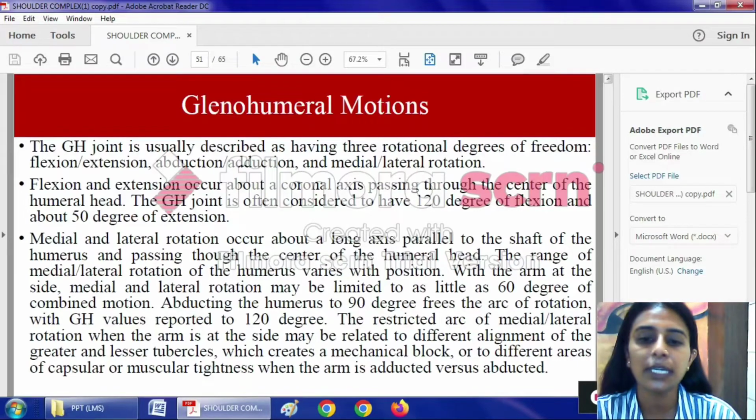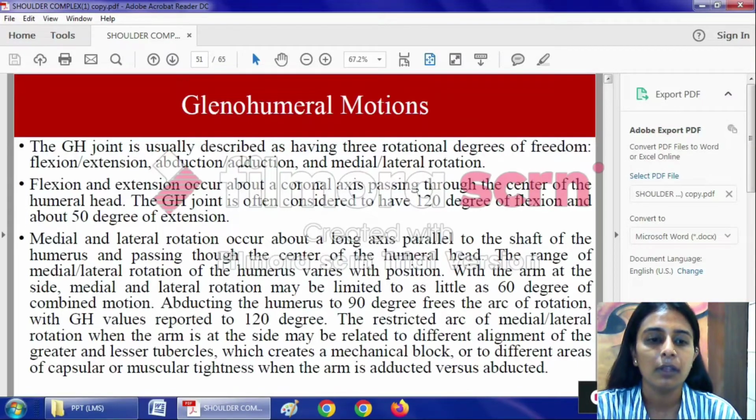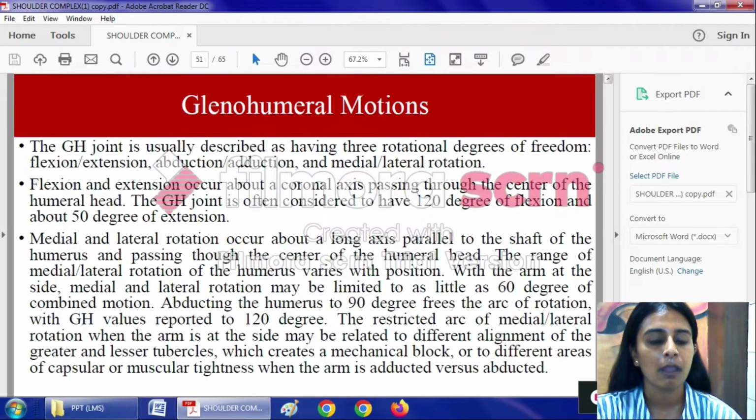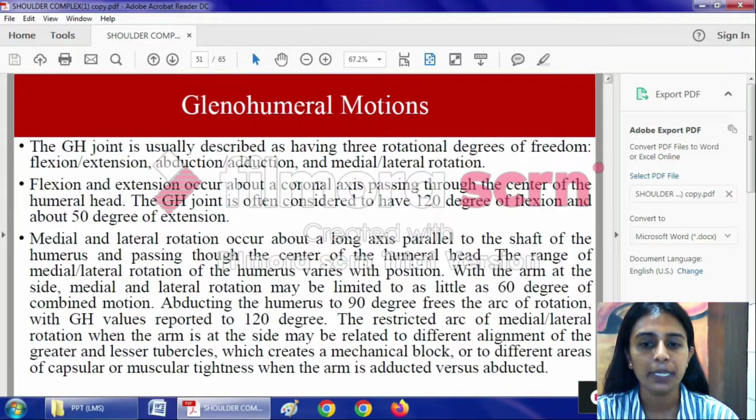The restricted arc of medial and lateral rotation when the arm is at the side may be related to different alignments of the greater and lesser tubercles, which create a mechanical block.